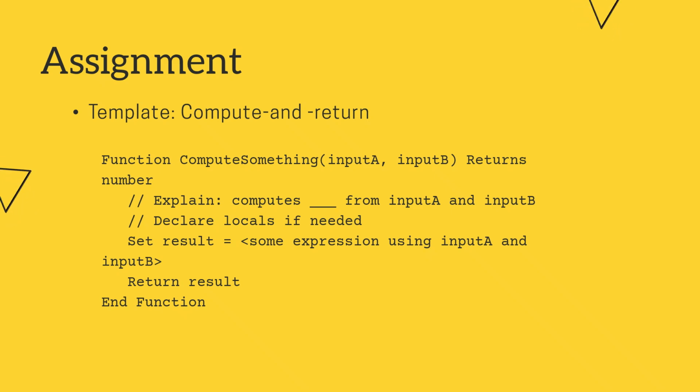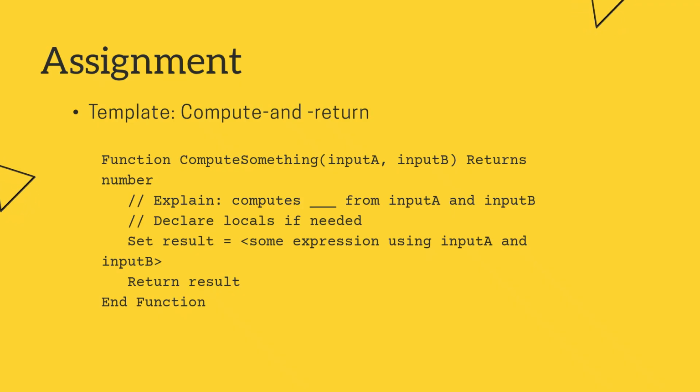It may have only one parameter, it may have two parameters, whatever the case is. And then you want to say returns, and then whatever it's going to return, whether it's text or a number or whatever the case is. Then, again, you want to have your comments, explaining what it actually does, and declare any local variables if you need them.